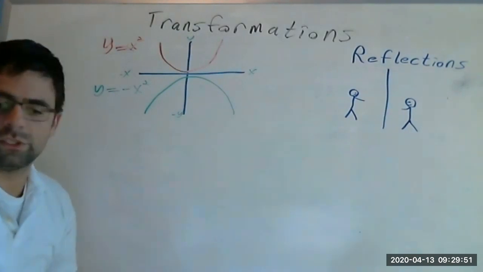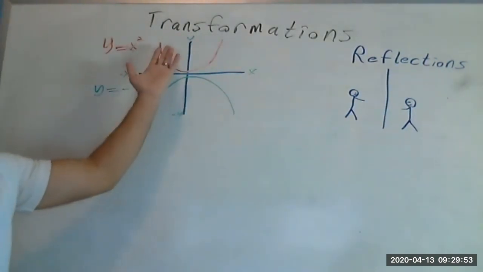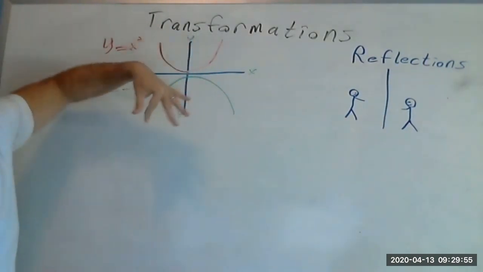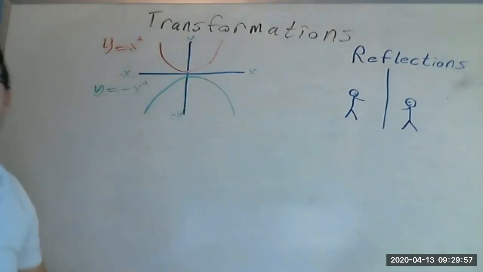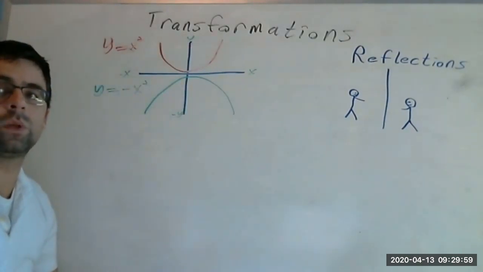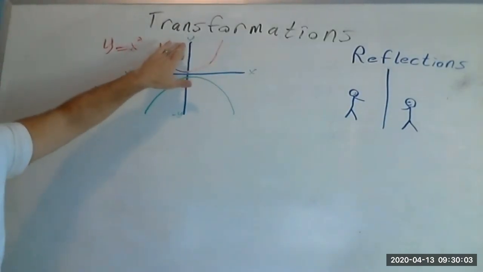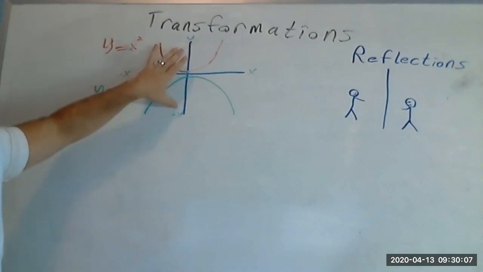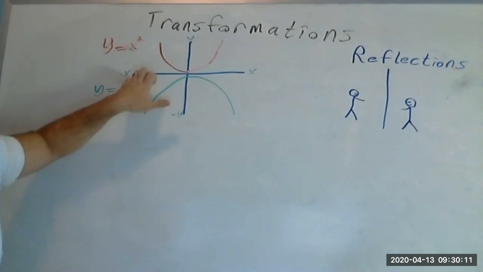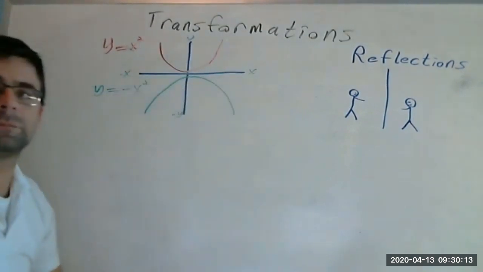So what we're doing is just taking the graph paper and flipping it face down. What that does is it takes the positive y side and switches it with the negative y, but it doesn't change the negative x and the positive x.